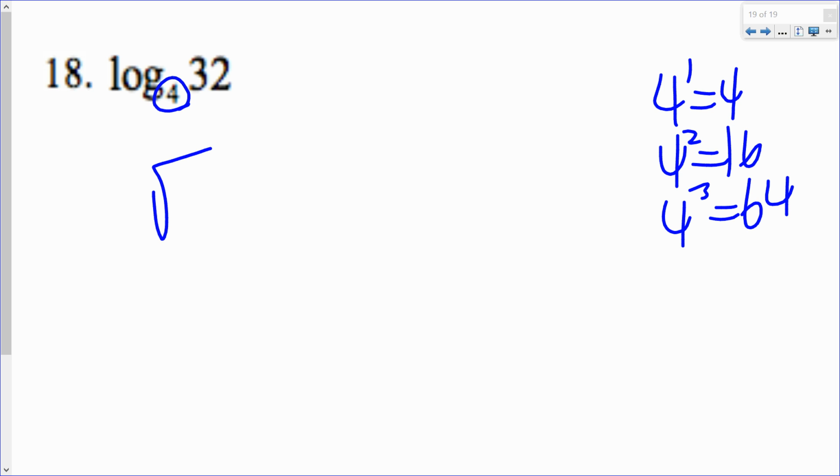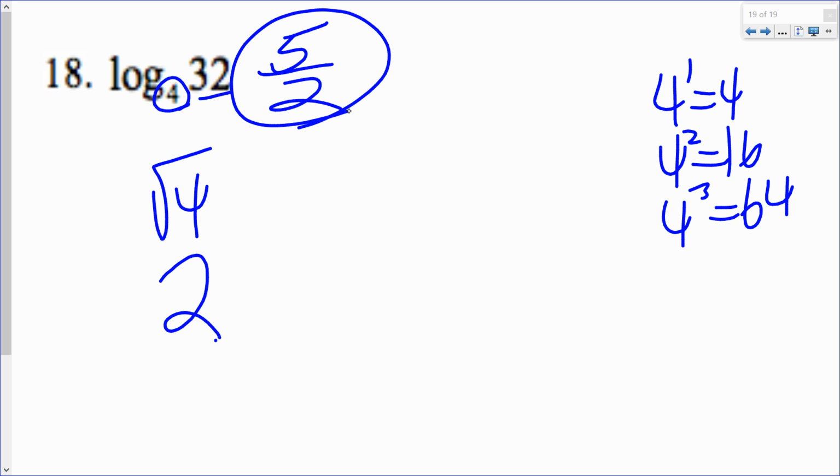Yes, I can take the square root of 4. So the root is going to be 2. The square root of 4 is 2. So now 2 to what power is 32? Well, 2 times 2 is 4, times 2 is 8, times 2 is 16, times 2 is 32. That's 5. That's my answer.